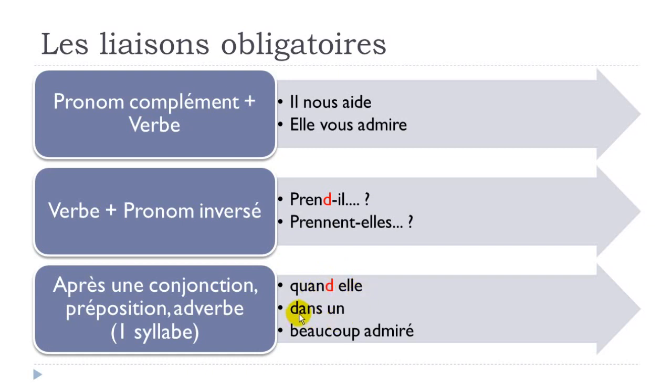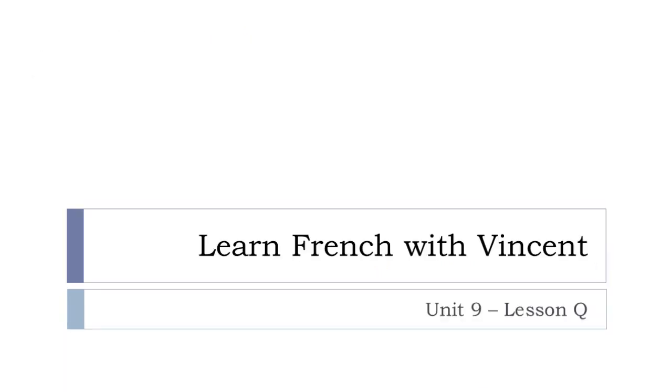Quand elle, dans un, okay, in that case you've got this préposition dans, okay, and then the article, dans un, all right, and here we've got this adverb, beaucoup, and then admirer, beaucoup admirer, all right, quand elle, dans un, beaucoup admirer, all right, so let's repeat them. Il nous aide, elle vous admire, prend-il, prennent-elles, quand elle, dans un, beaucoup admiré.